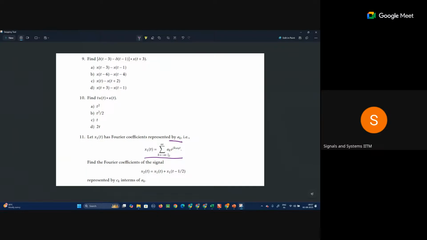They have given x2 as x1 of t plus x1 of t minus half. The Fourier coefficients of x1 of t are ak, and those of x2 of t are ck.